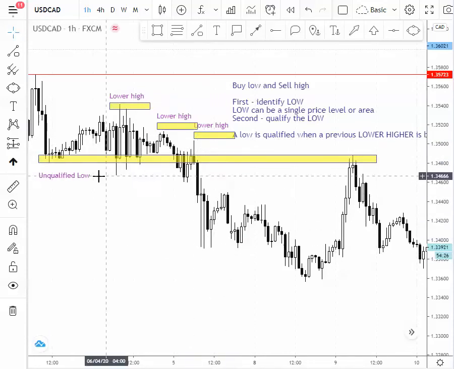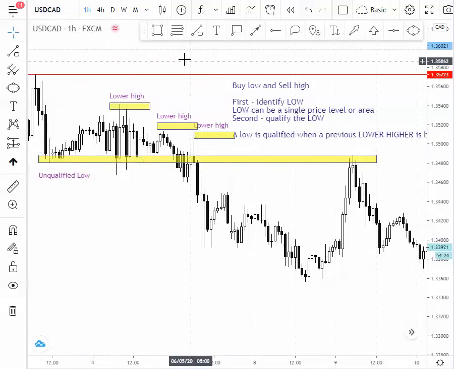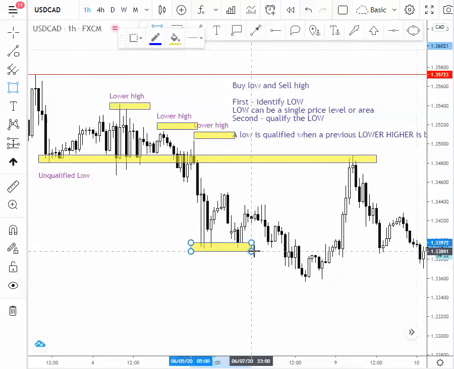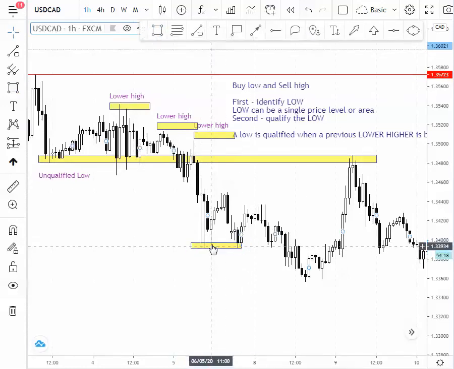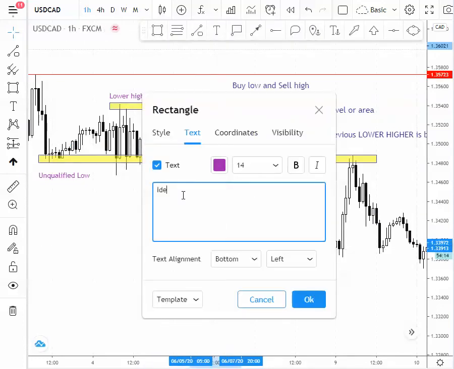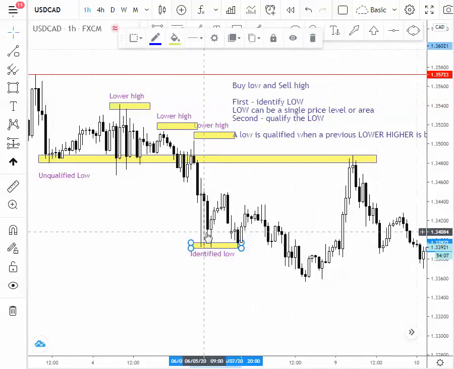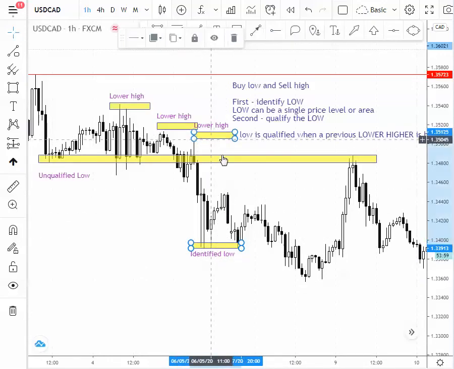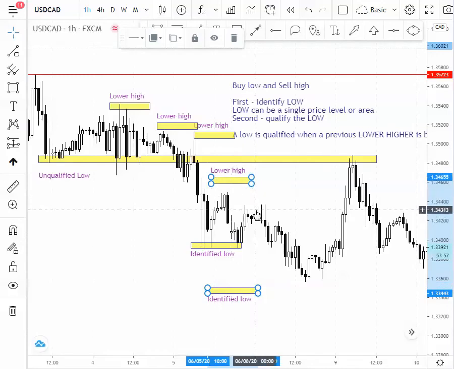all the way down, and now it's put in another low here. So we have now identified another low, but we haven't qualified it, because yes, price came down into it and then moved back up, but it did not take out a previous high.